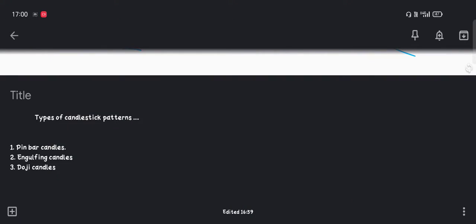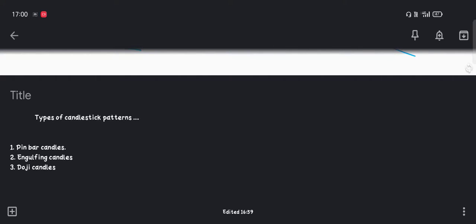So guys, before trading with candlestick patterns, there are especially 3 types of candlestick patterns. In my opinion, all other kinds of candles also come under these 3 kinds. You will see many other names of candlestick patterns like dragonfly doji, evening star, morning star, 3 white soldiers, 3 black soldiers.